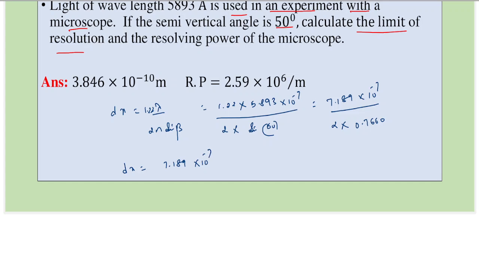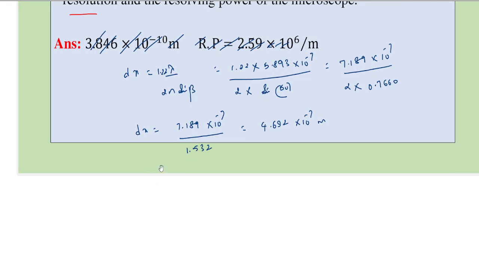7.189 into 10 power minus 7 by 1.532. That is equal to 4.692 into 10 power minus 7 meter. There is a typing mistake here. Please ignore this. And the resolving power is the reciprocal of the limit of resolution, that is equal to 1 by 4.692 into 10 power minus 7.